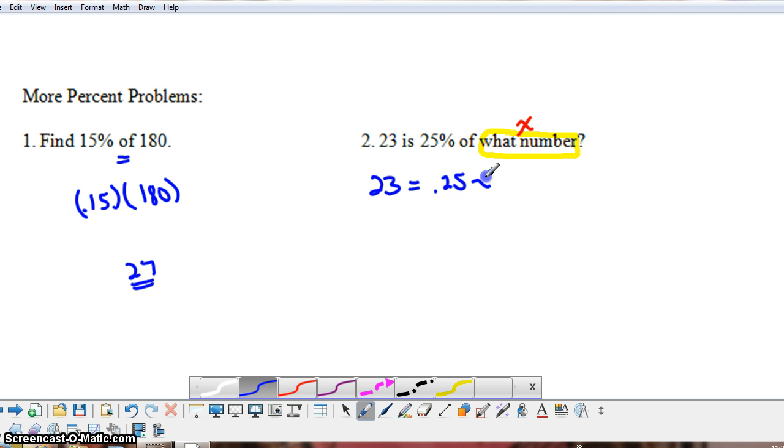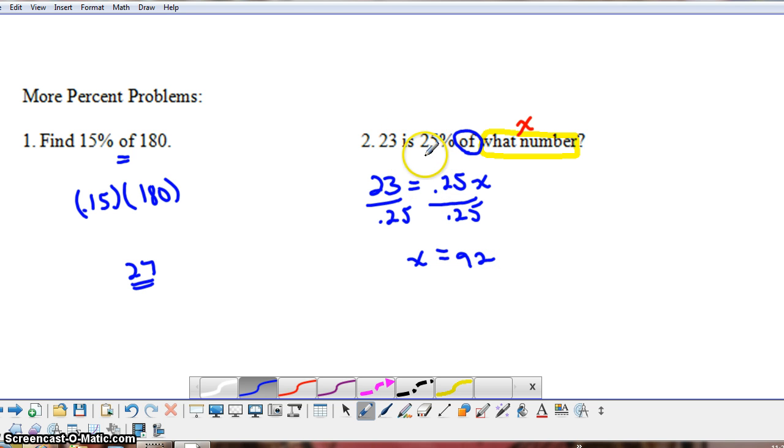I'm going to call that number x. And remember, of means multiply. And so to solve this equation, I'm going to divide both sides by 0.25. And when I do that, I get that the number that we're looking for is 92. And if you think about it, this seems like a reasonable answer.